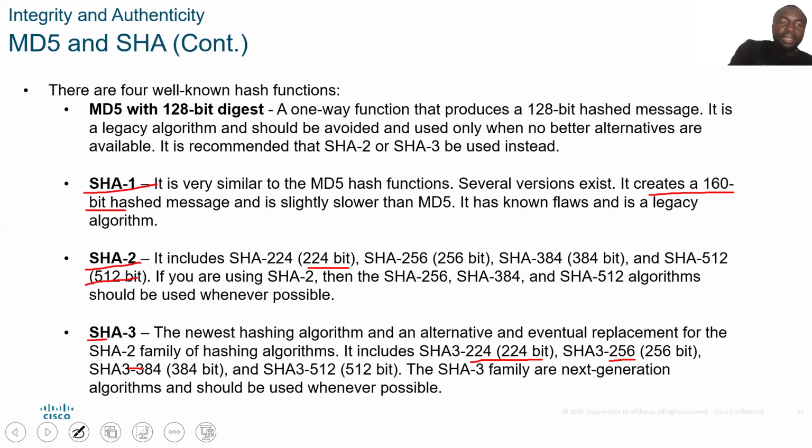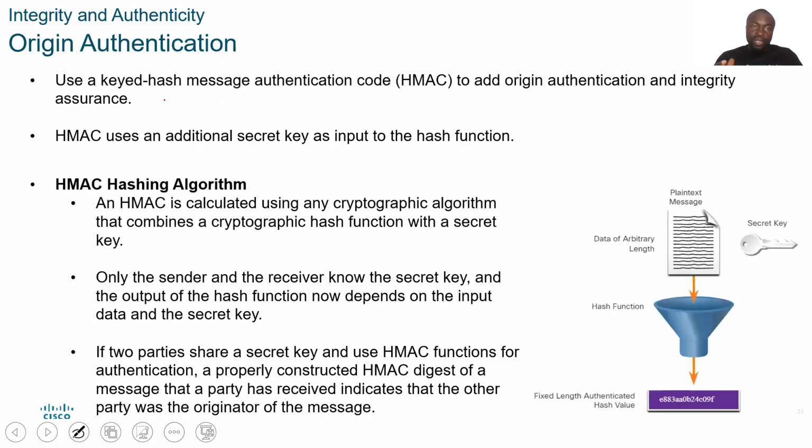But if you look at MD5, basically it's just 128. So there are instances where you use the higher values of encryption, but know that once you are using that, it will weigh down your system a little bit, but you get more secure.